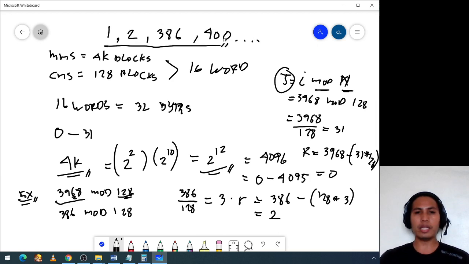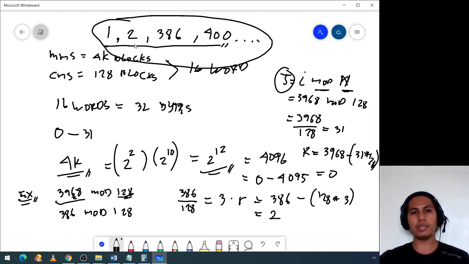Now, sabi po sa disadvantage ng competition of location, even if there are empty slots. So, if we are to find the block number of this one, there's a possibility of competition. Bakit po?